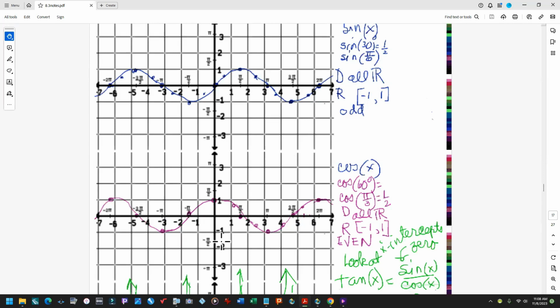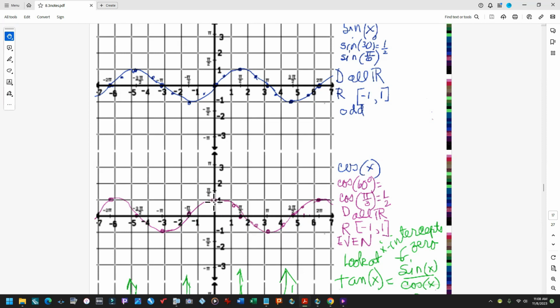Well, let's look at something else. If we want an angle whose cosine is positive, that happens in the first quadrant, and an angle whose cosine is negative, that happens in the second quadrant.